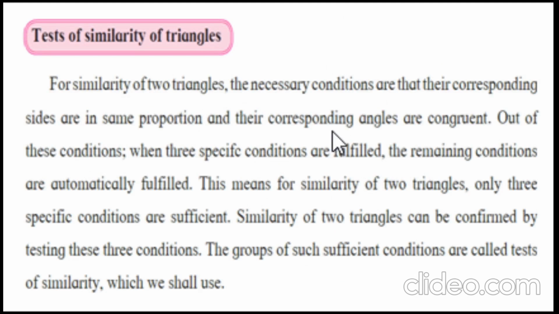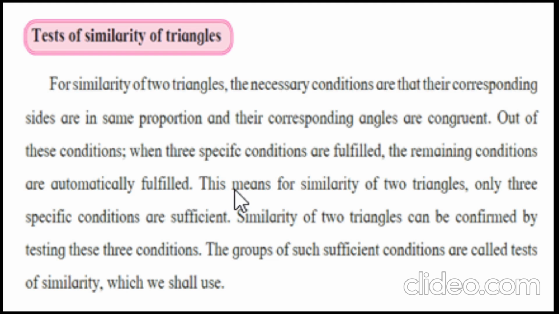Then test of similarity of triangles. So what is the test? For similarity of any two triangles, the necessary conditions are that their corresponding sides are in the same proportion and their corresponding angles are congruent. Out of these conditions, when three specific conditions are fulfilled, the remaining conditions are automatically fulfilled.